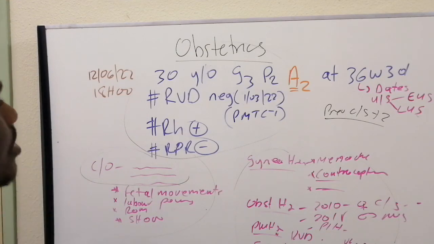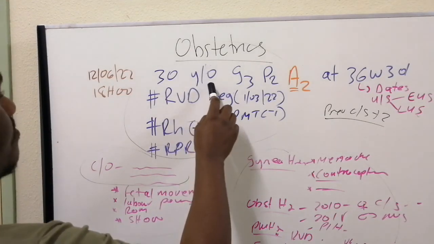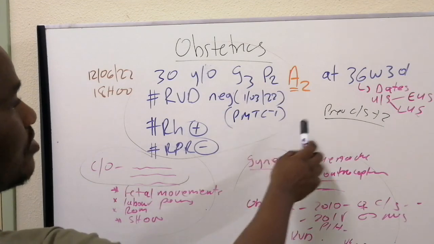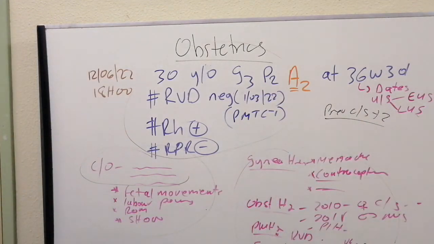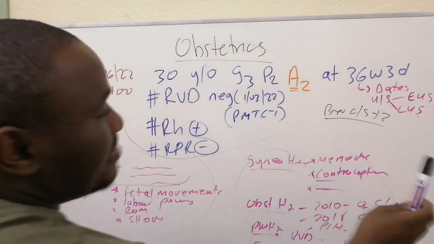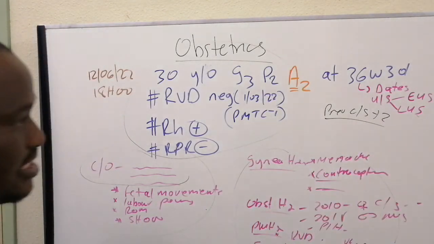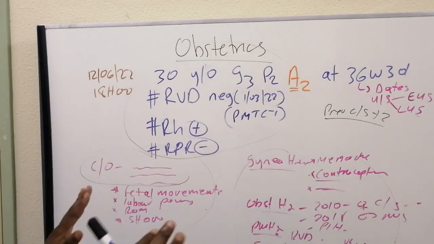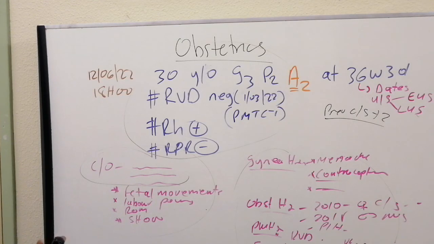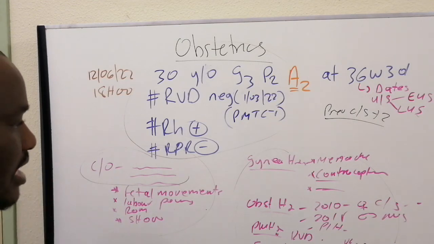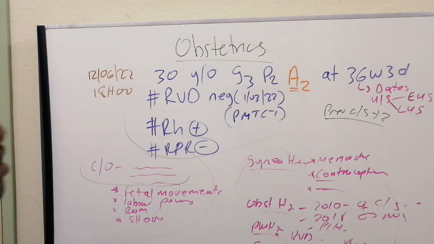So don't be surprised when you read 30-year-old G3P2A2 at 30 weeks, 36 weeks by dates, previous times 2, plus PIH or previous eclampsia. They're just putting everything together so that whoever reads can get the important information first hand.